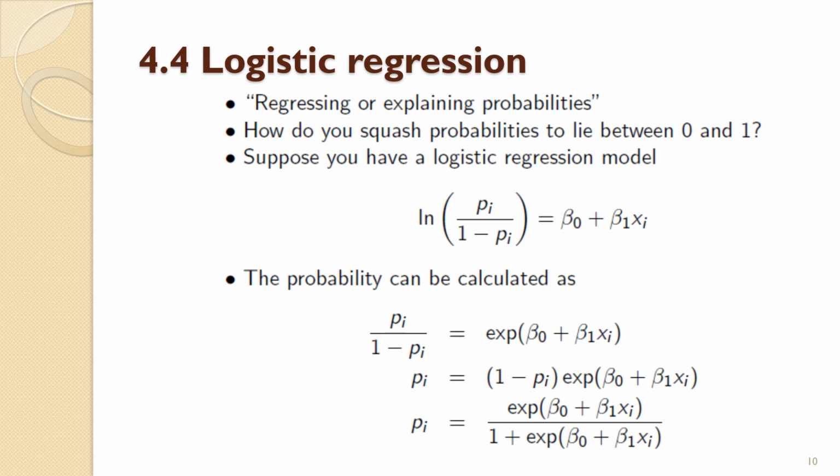This final equation gives you a way of short-circuiting some of the logistic regression calculations, and what you can see here is that necessarily any probabilities that you calculate like this must lie between 0 and 1. Okay, so mission accomplished. According to this model, any probabilities will lie between 0 and 1.